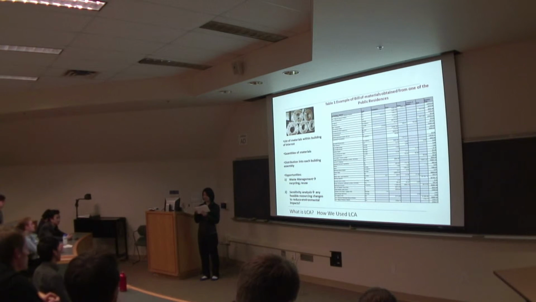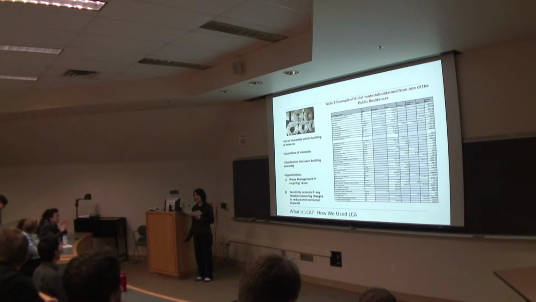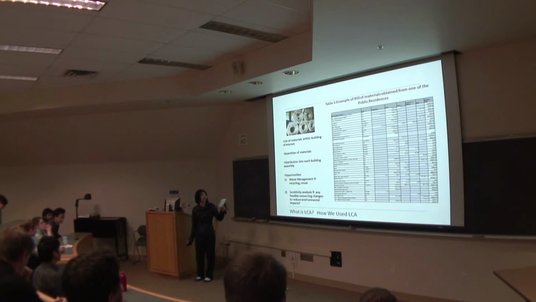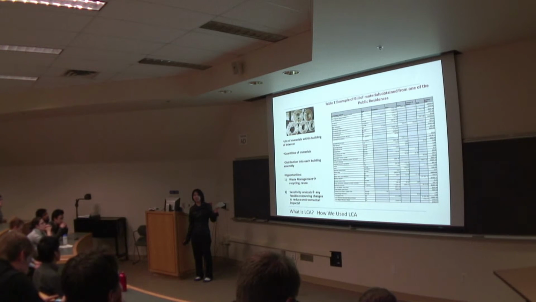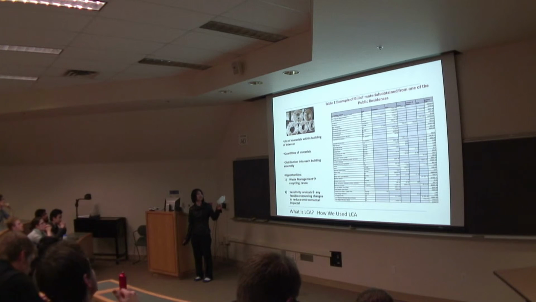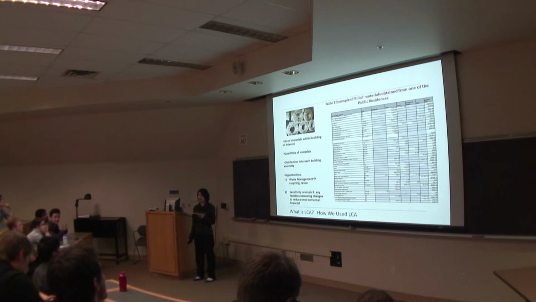And the second thing that we get from our outputs in the Athena Impact Estimator is the bill of materials. So basically, the Athena Impact Estimator will give us the list of all the materials that make up the buildings and their quantities. And it can be broken down into assemblies such as floors, walls, roofs, columns, beams, etc. And this provides us with opportunities to look at waste management.